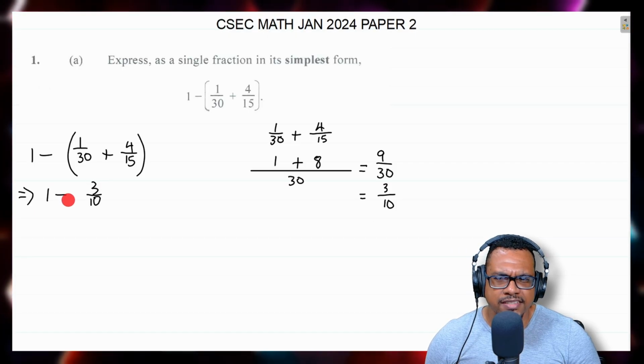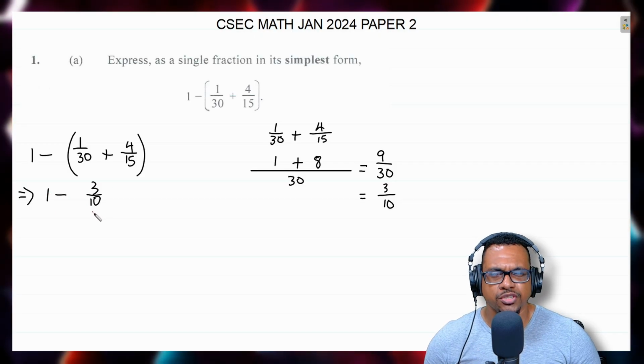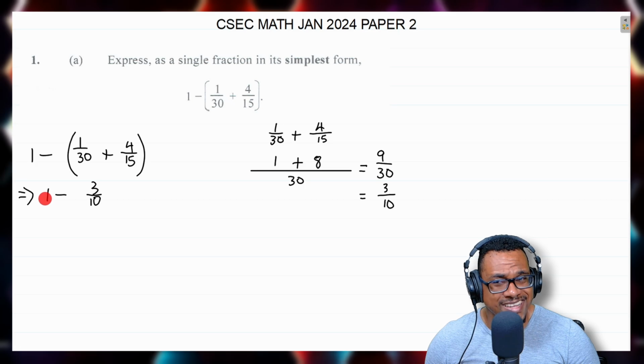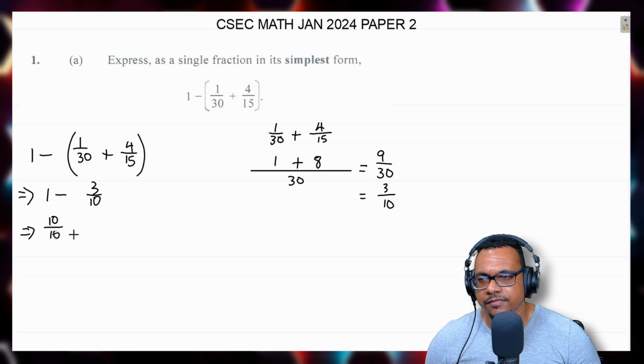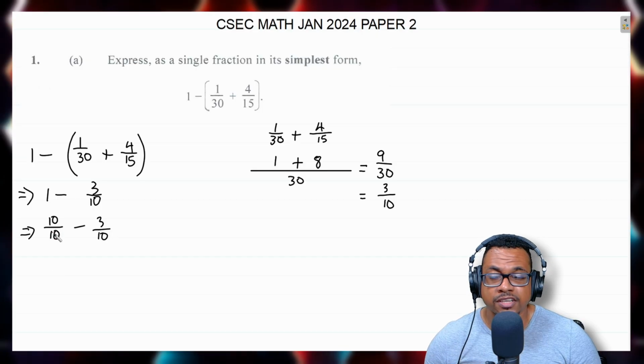And you could go and do LCM again, put 1 over 1 and work this out. But you should know that if the denominator here is 10, I can represent this 1 as 10 over 10. So I could just put 10 over 10, take away 3 over 10, because 10 over 10 is 1. And now I don't have to do any LCM.